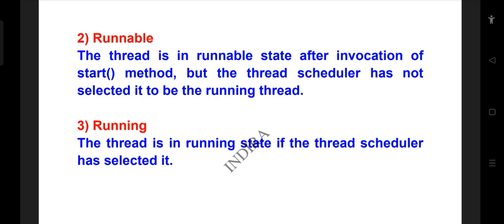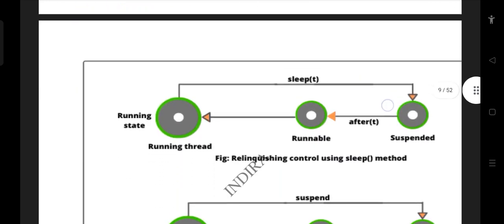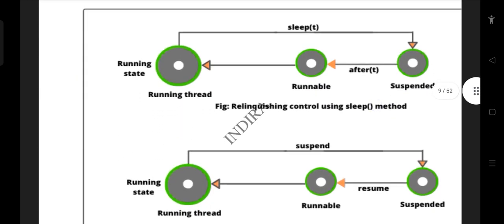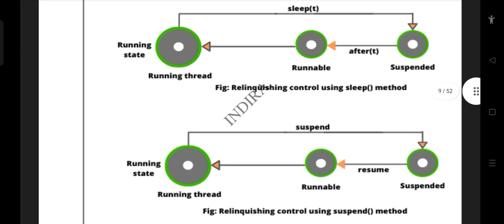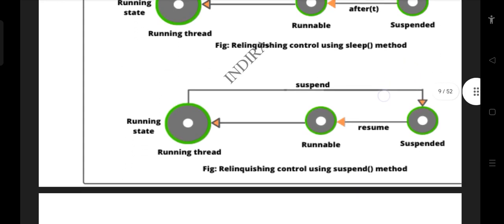Running is when it is scheduled. The thread is in the running state if the thread scheduler has selected it. So this is the graphical representation of runnable and running. Check it clearly.